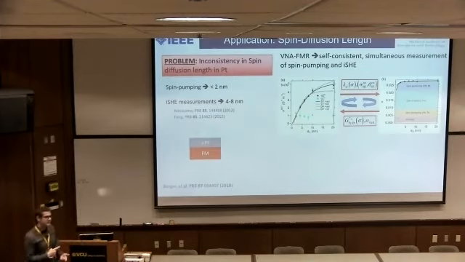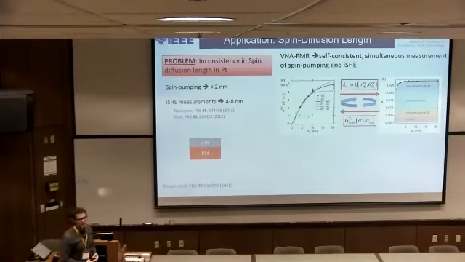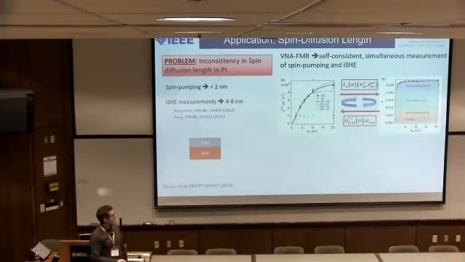But since it's an FMR measurement, we're also simultaneously getting the damping and the spin pumping data. Same samples, same measurement. And so we can plot that here as well. And so we have damping versus thickness of platinum. And we can see that's consistent with the previous spin pumping results. We have a very short spin diffusion length, right?